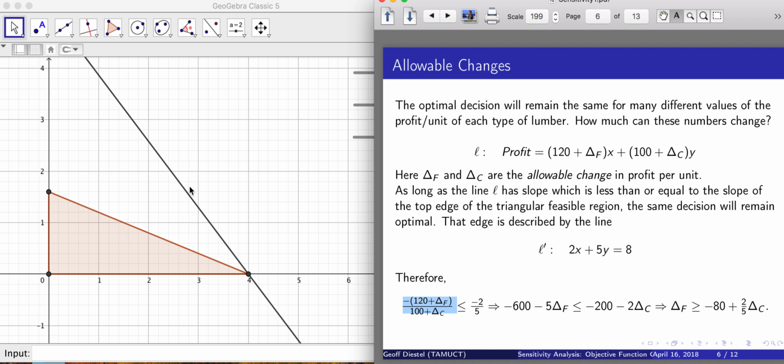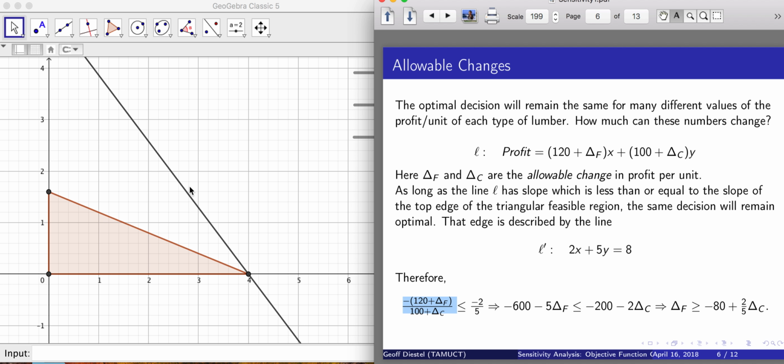The idea there is, in your simplex method, instead of putting in the numbers for your profit, you put in abstract variables, and then you perform the same steps that you would have to solve the problem, and then you see from those steps what those numbers would have to be limited to in order to lead to the same decision.